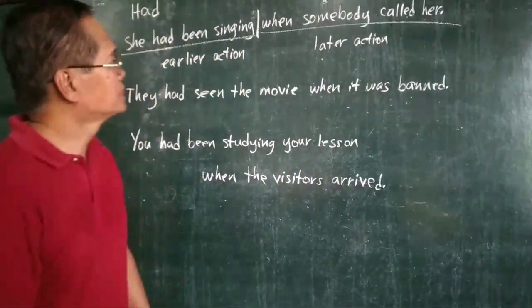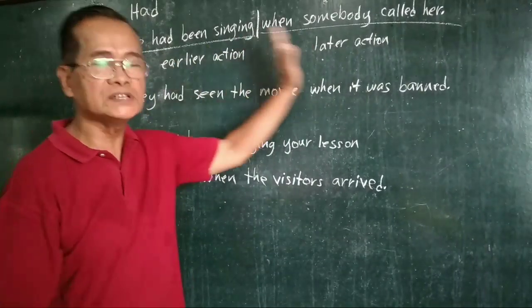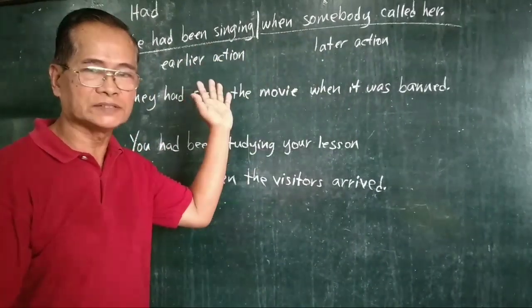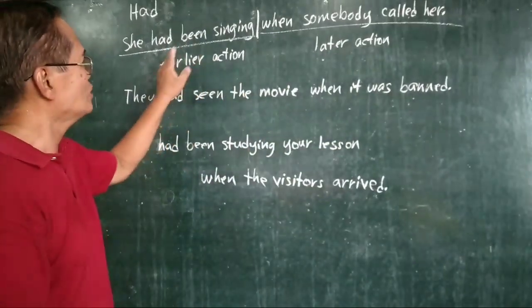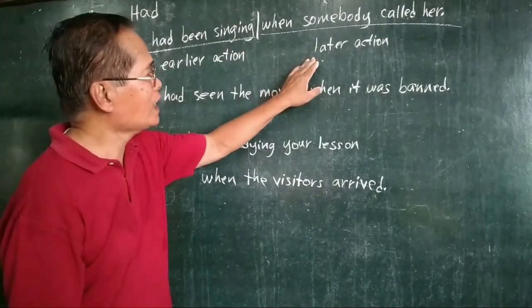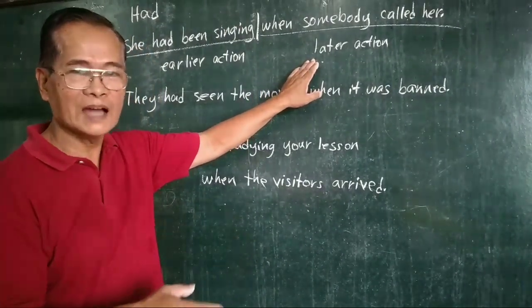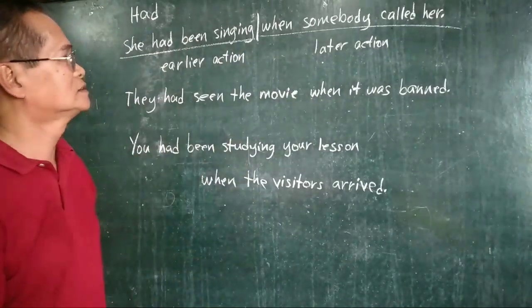Later action. We have earlier action, later action, but still both these actions are in the past. Parehong action ay nangyari noong nakalipas. Ang unang action ay mas una. Itong pangalawa ay huli lang na action, pero pareho silang nangyari doon sa nakalipas. Alright.